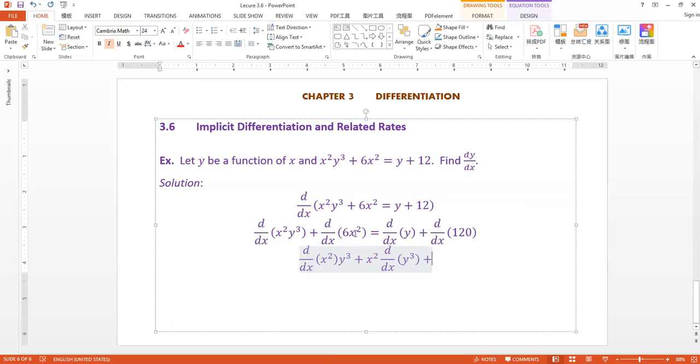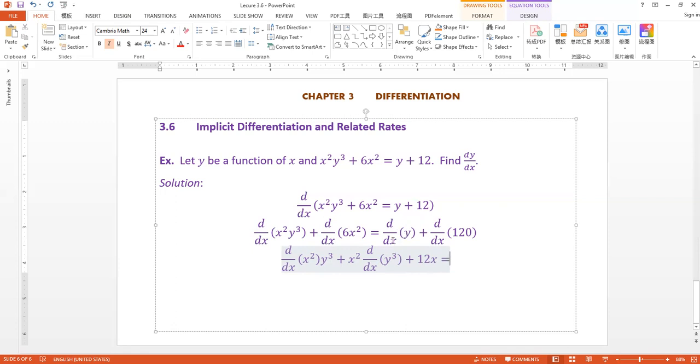Now, the second term is pretty straightforward. We just take the derivative of 6x squared with respect to x. That'll be 12x, since 6 times 2 is 12, and x to the 2 minus 1 is just x to the 1. So that's easy. On the right-hand side, the first term is dy over dx.